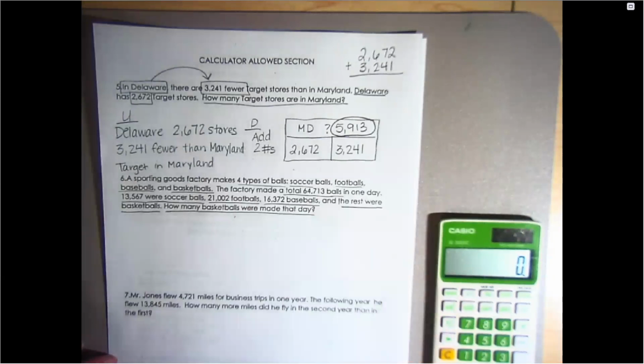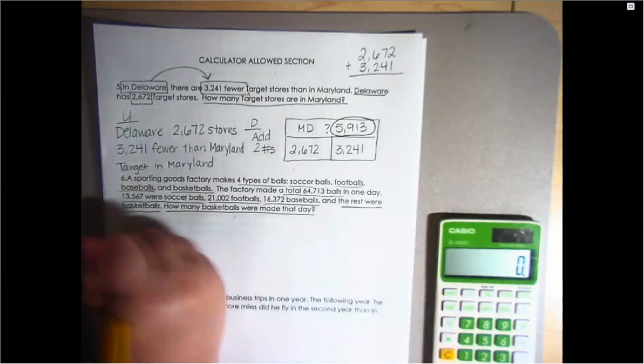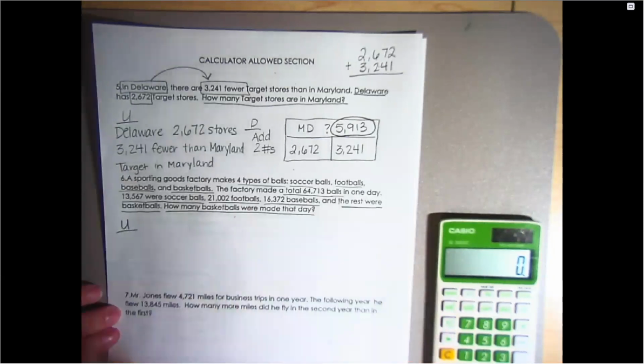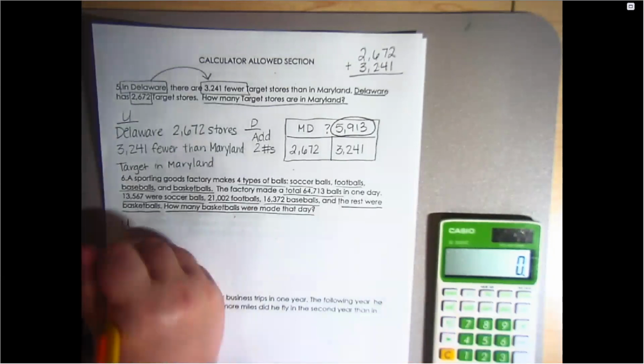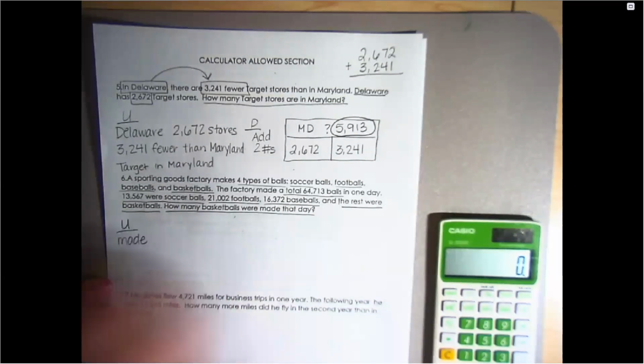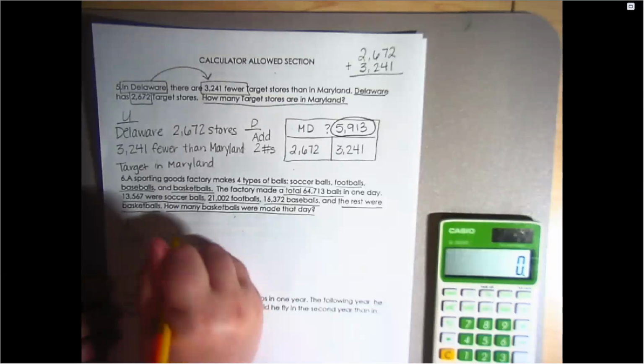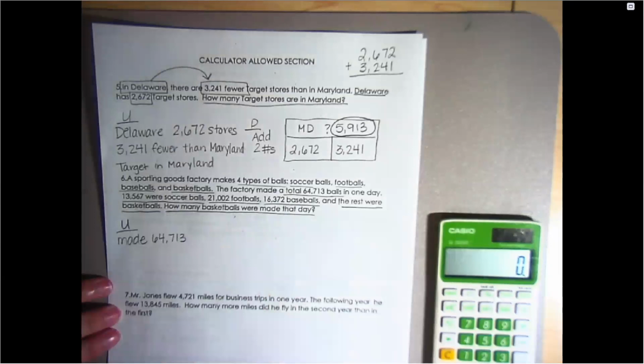All right, so here's what I know. Here's what I understand. That the factory made 64,713 sporting goods balls.